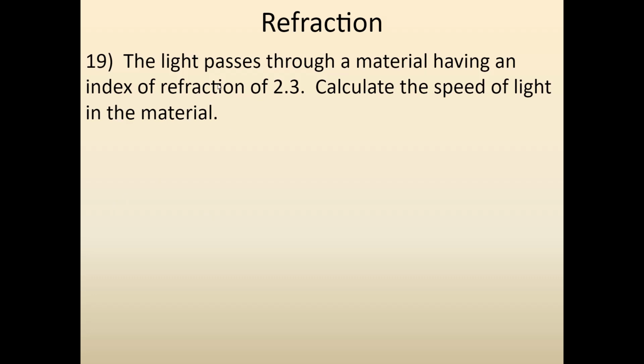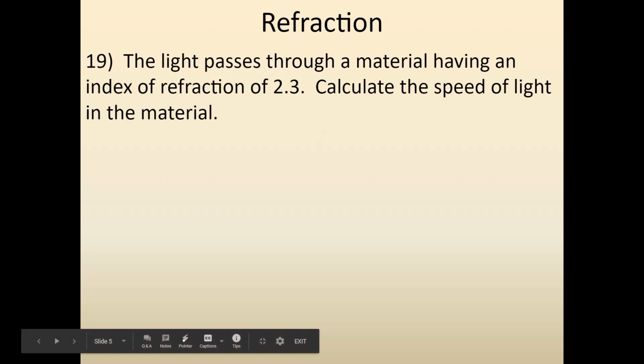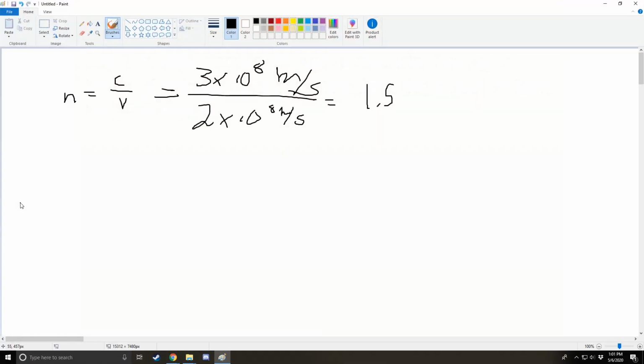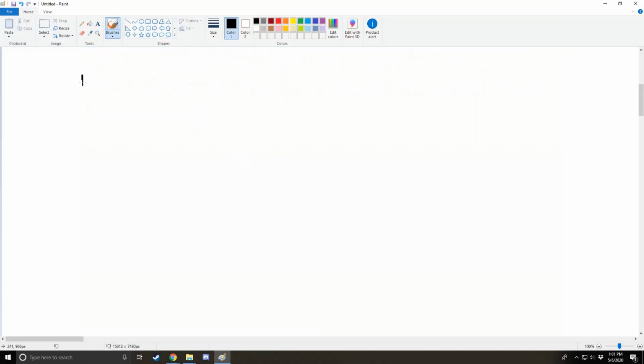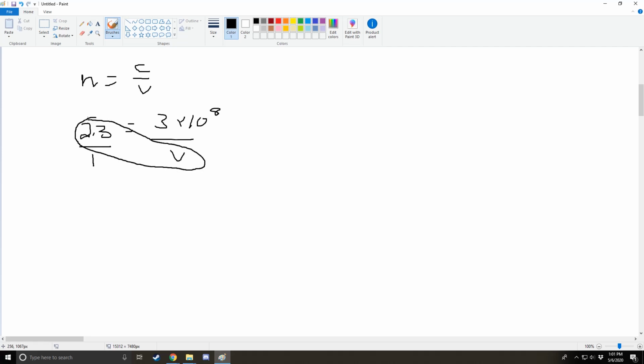All right, here we have the index of refraction as 2.3, and we want to figure out the speed of light in that material. So once again, n equals c over v. 2.3, 3 times 10 to the eighth, and we're looking for v. So I'm going to put this over 1 and cross multiply. 2.3v equals 3 times 10 to the eighth.